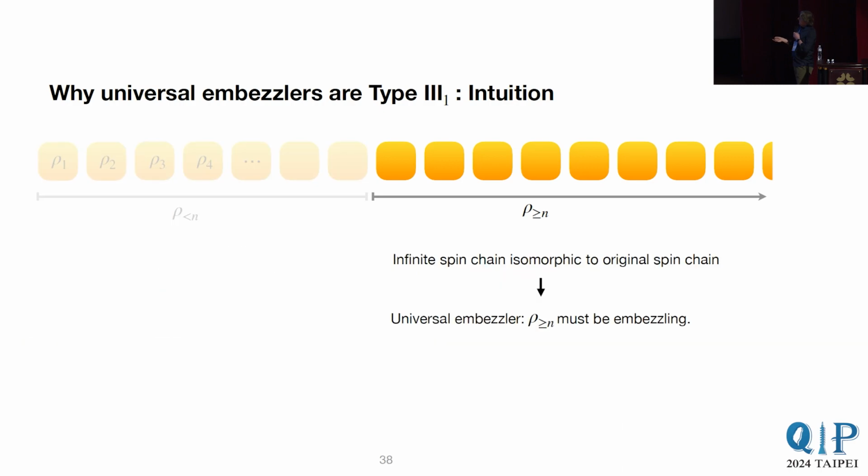So in particular, if you look at the remainder when you take out some finite number of factors, then if you assume that your algebra is universally embezzling and the original state was universally embezzling, then this remainder state must also be universally embezzling.